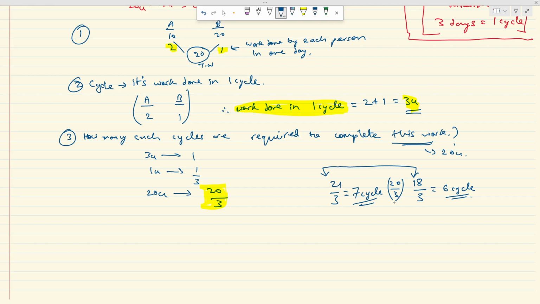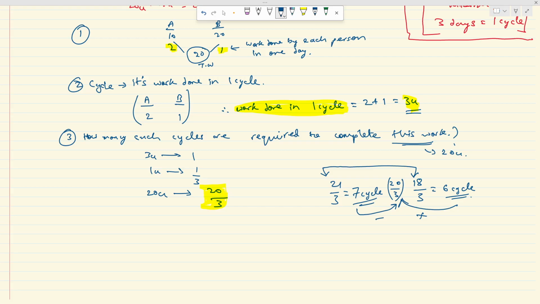तो so मुझे 6 साइकिल से ज़्यादा लगेंगे, लेकिन 7 साइकिल पूरा नहीं लगेगा, 7 साइकिल से कम लगेगा. तो पहले 6 साइकिल का देख लेते हैं, जितना बचा हुआ रहेगा वो इंडिविजुअली ए या बी ये काम कर देगा, राइट? जो भी पहले काम करने आएगा, ए पहले काम करने आ रहा है, तो 6 साइकिल तो पूरा कंप्लीट हुआ ही, उसके बाद जितना भी काम बचा हुआ रहेगा वो अगले दिन ए आके खुद अकेला कर देगा, उसमें मुझे साइकिल की ज़रूरत नहीं है.